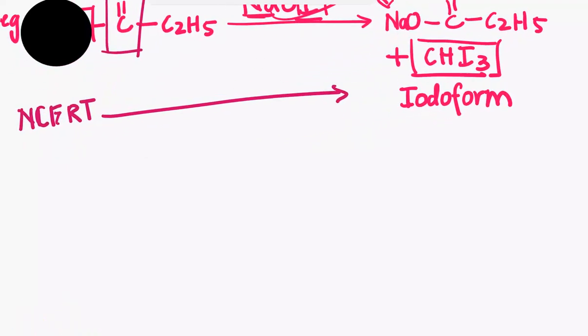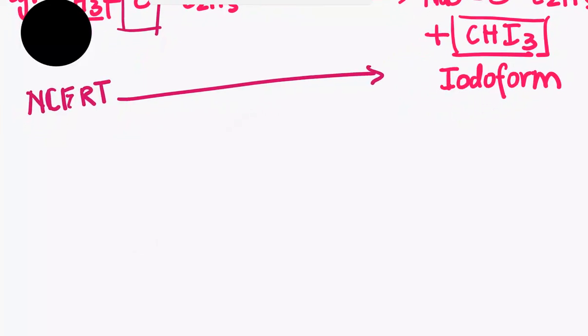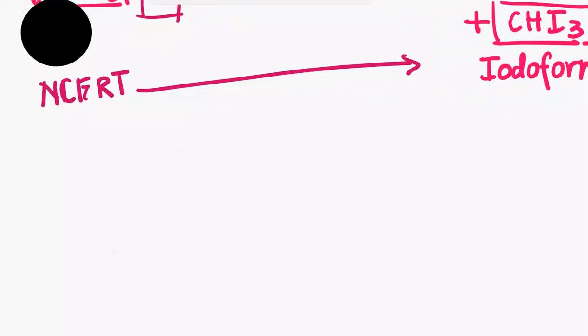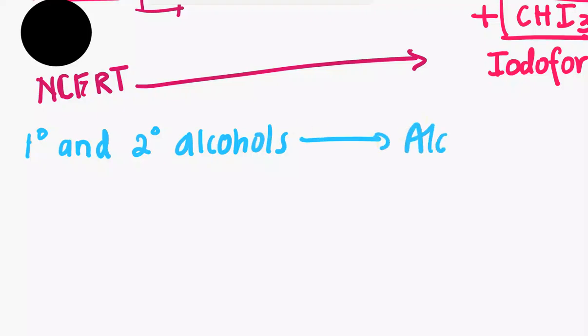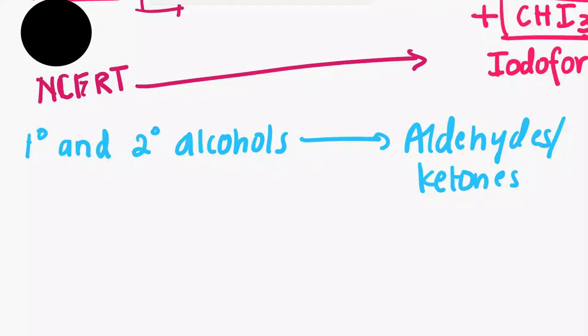Now, it is not always that only the carbonyl groups with methyl ketone units show this reaction. NCERT has given a statement that 1 degree and 2 degree alcohols, when they are oxidized to aldehydes or ketones, which upon oxidation produce a methyl aldehyde or ketone unit.